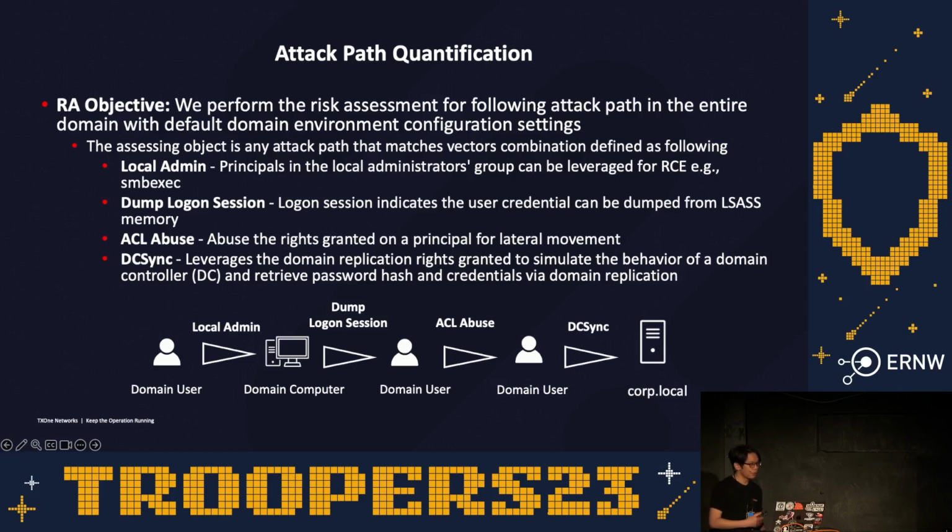And for the ACL abuse, Mars just did a wonderful explanation for us. Basically, we're abusing the domain rights on the account for lateral movement, or what is so-called domain escalation. And for the final attack vector, we have the DC sync attack vector. It was originally used by the domain controllers or other services to synchronize the domain Active Directory database.